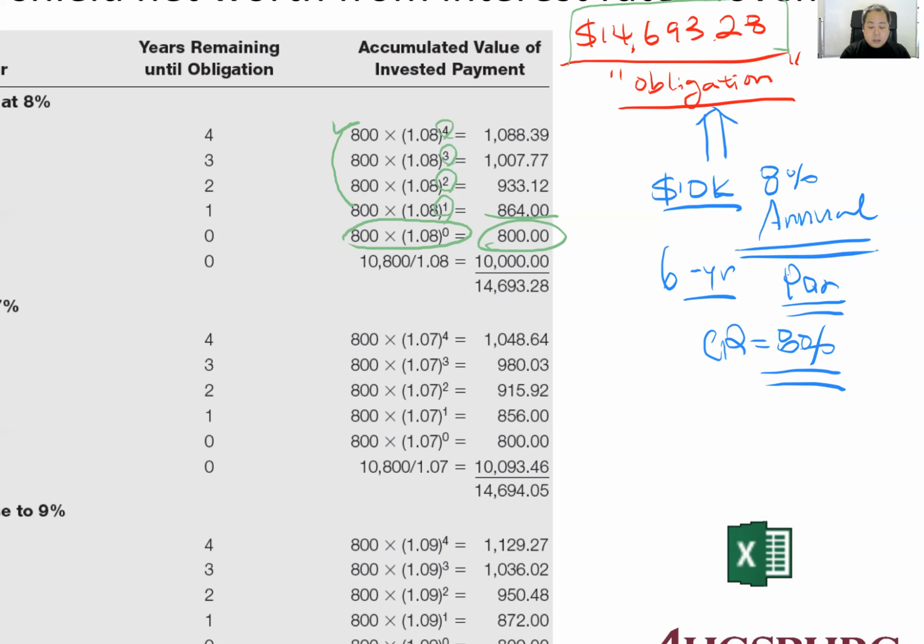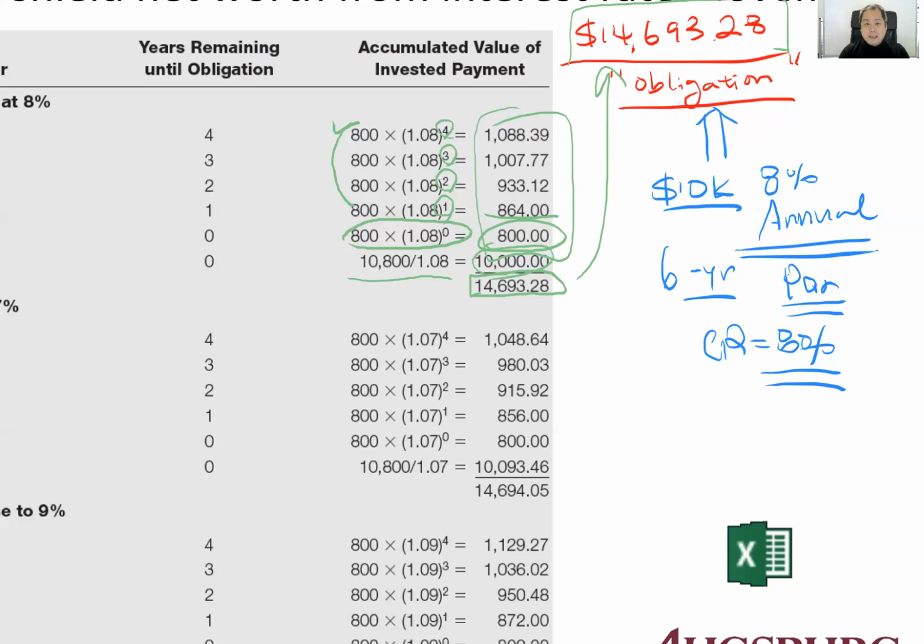These are the money from the coupons. And because it's a par bond and the interest rate doesn't change, it still remains at par, $10,000. So in total, you can match the finance, $14,693.28, exactly the same.